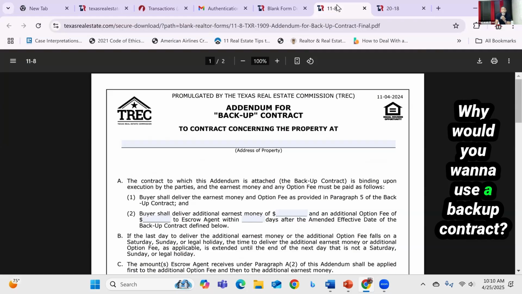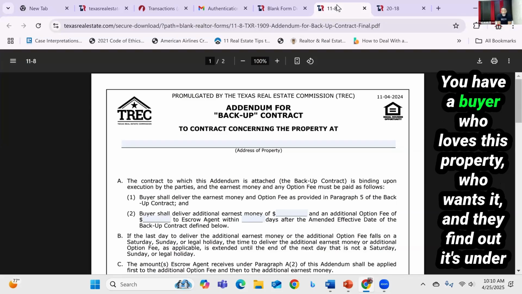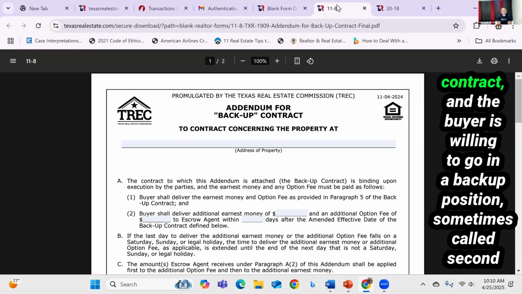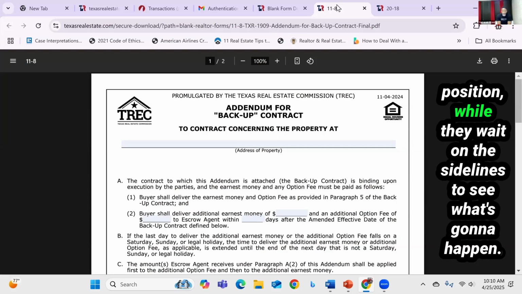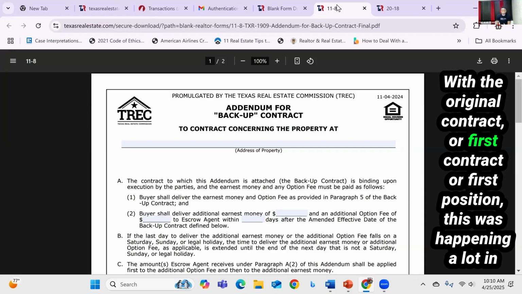Why would you want to use a backup contract? Let's go with the scenarios based on this. You have a buyer who loves this property, who wants it, and they find out it's under contract, and the buyer is willing to go in a backup position, sometimes called second position, while they wait on the sidelines to see what's going to happen with the original contract, or first position.